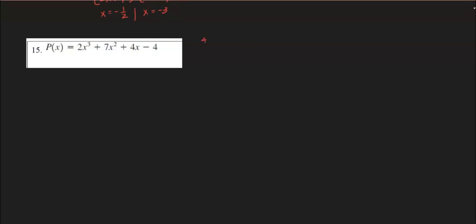So we have 4/2. And so that's plus or minus 1, plus or minus 2, plus or minus 4. So P/Q is plus or minus 1, plus or minus 2, plus or minus 4, plus or minus 1/2. 1, 2 doesn't work.